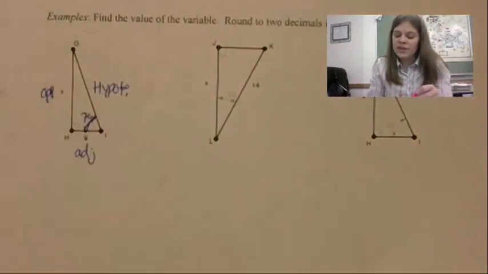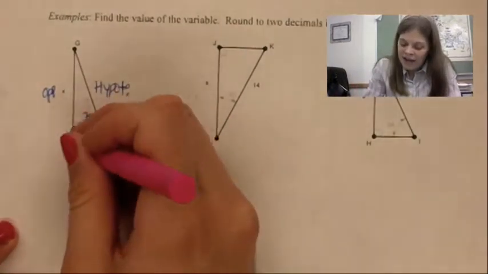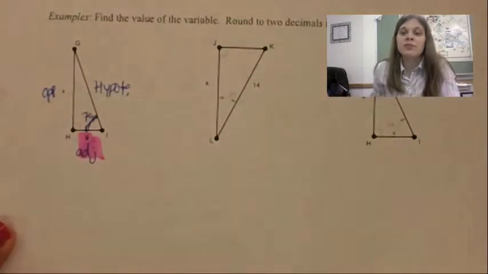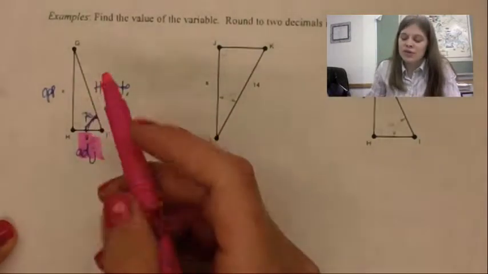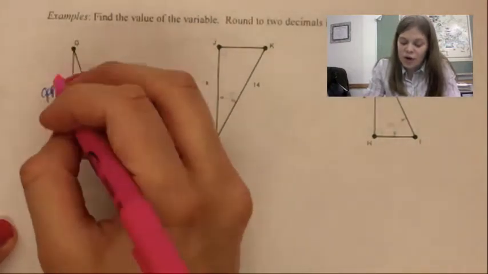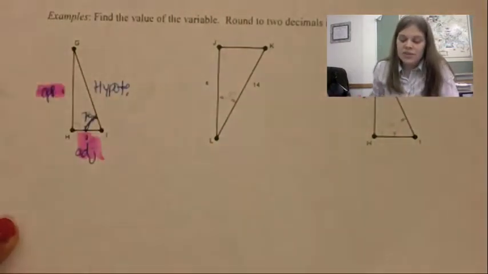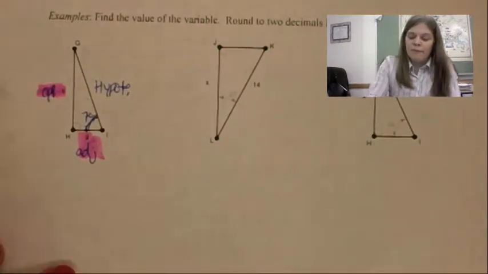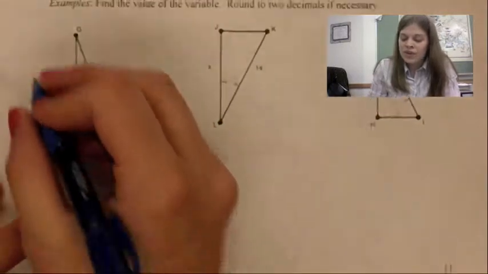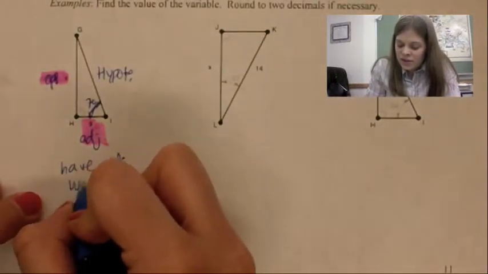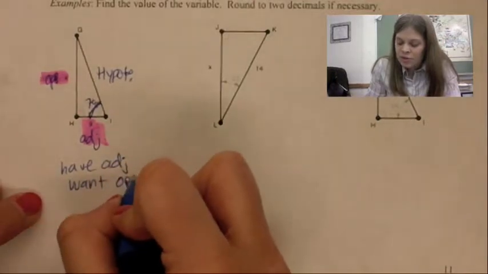Now notice that I have the adjacent, number 9, is labeled. So you're looking for the piece of information with the number that you have. So my 9 is the length of the side, and that's with my adjacent, and I want the opposite. So I want to think to myself, which two, or what goes with adjacent and opposite. So I have adjacent, and I want opposite.